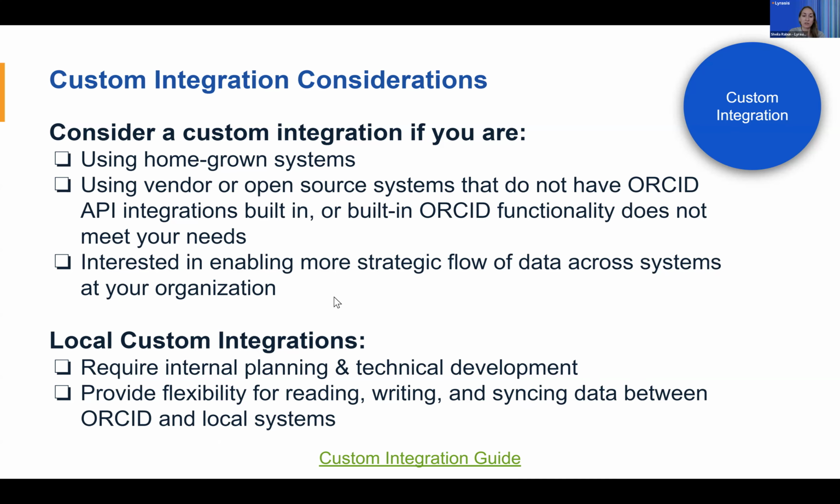And also custom integrations can be much more helpful for enabling a strategic flow of data across different systems at your organization. A lot of the times, for example, a vendor research information management system can just be a little bit siloed just within that system.